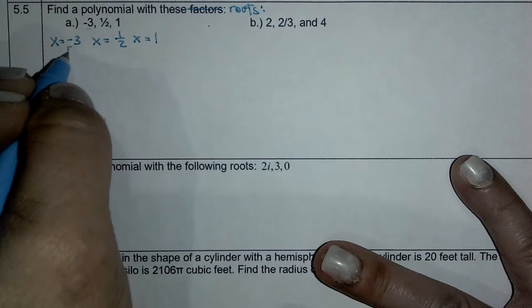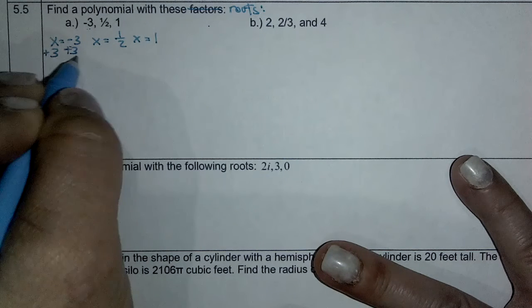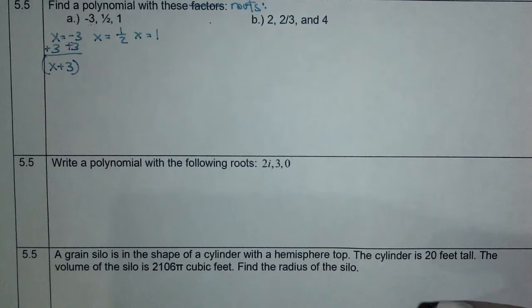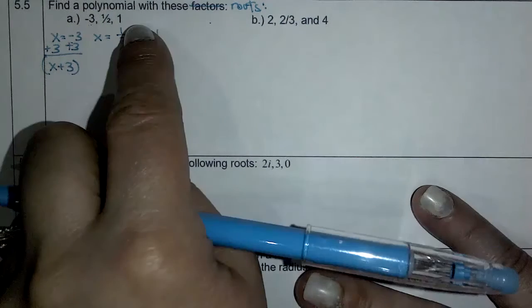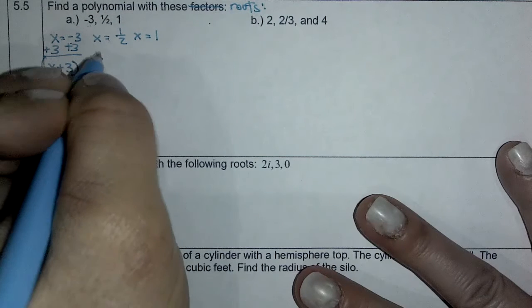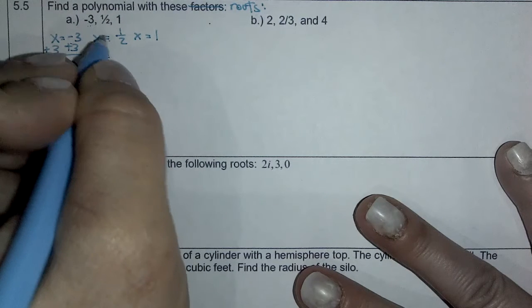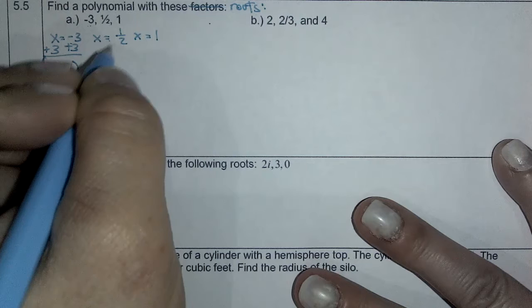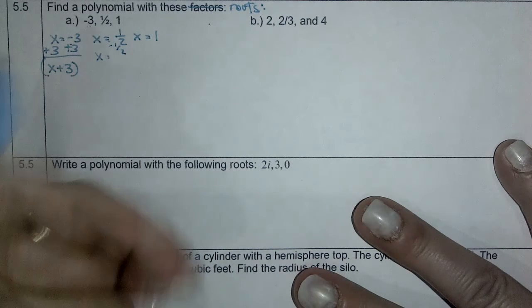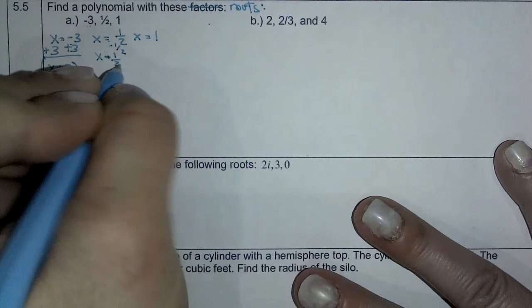To get this set equal to 0, I'm going to add 3 to both sides, and I get x plus 3. So that is my first factor. Roots, factors. Here I'm going to say x equals 1/2, so I need to subtract 1/2 from both sides, and I get x minus 1/2.